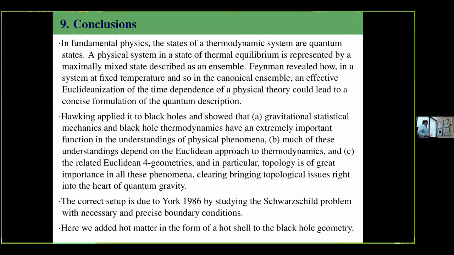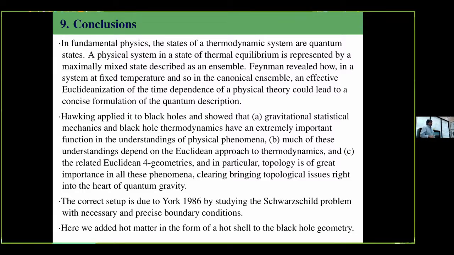Now, Hawking, in a sense, got it wrong because the system that he found for the black hole case, not for the rest, is not stable. And so there is no sense in treating a thermodynamically unstable system in this way.